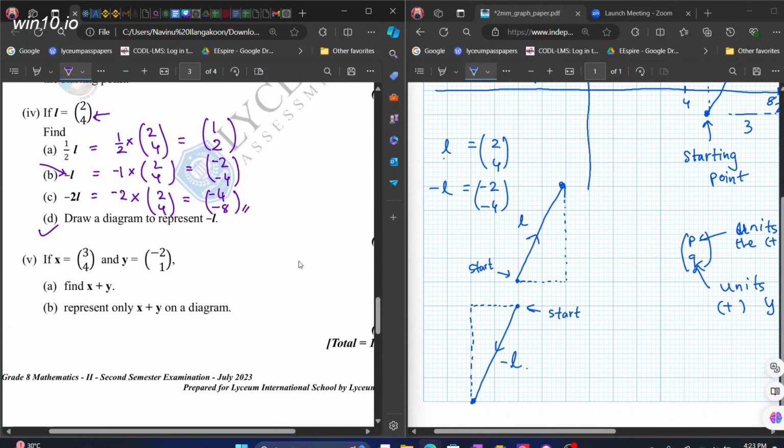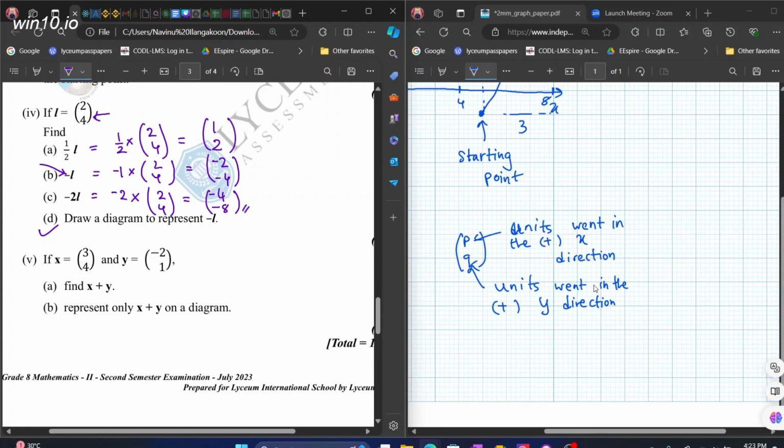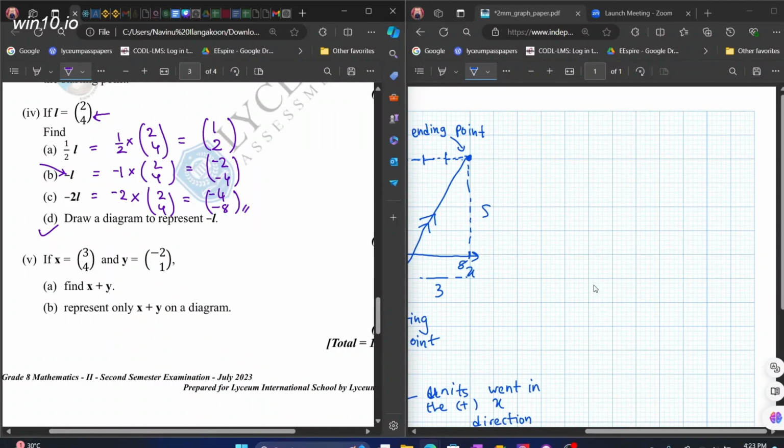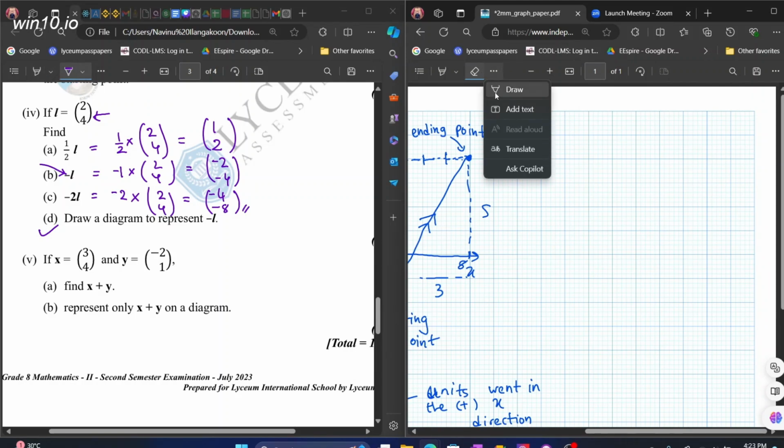Then the fifth part, if x equals (4) and y equals (-2, 1), find x plus y. Okay, so x is (3, 4), vector 3 and 4. We first mark x. So it's better if we draw it starting from a middle point, otherwise I would not have enough space.